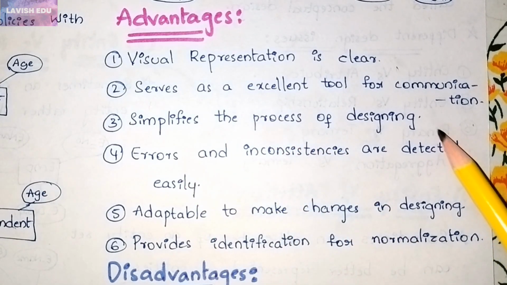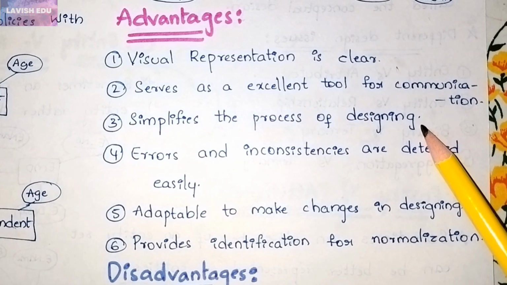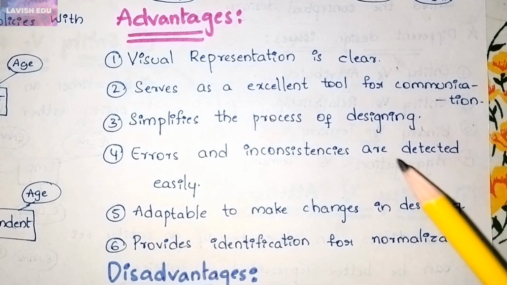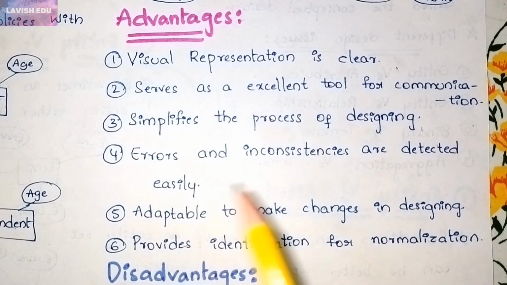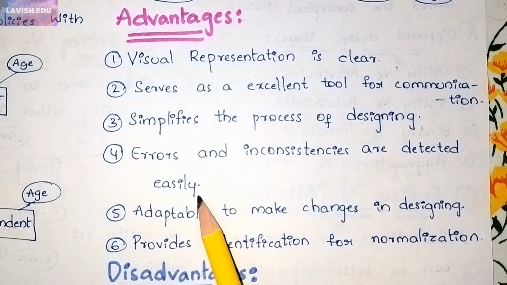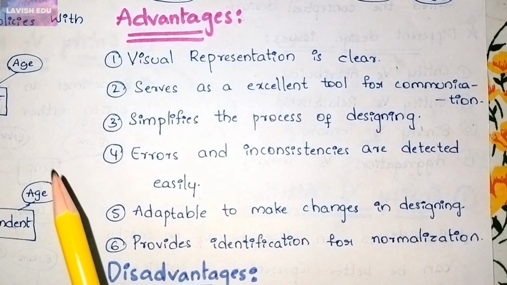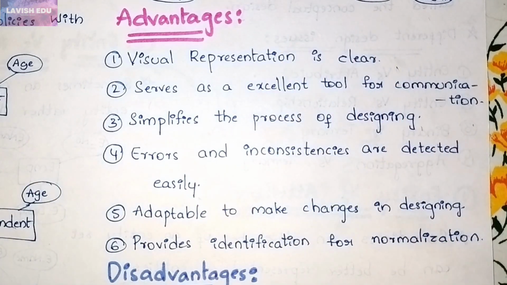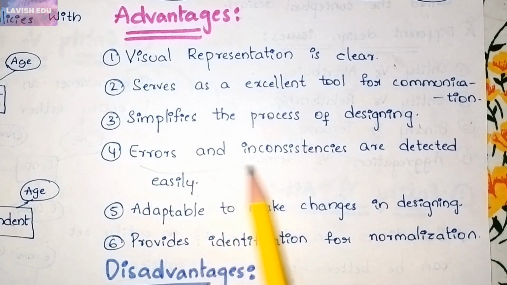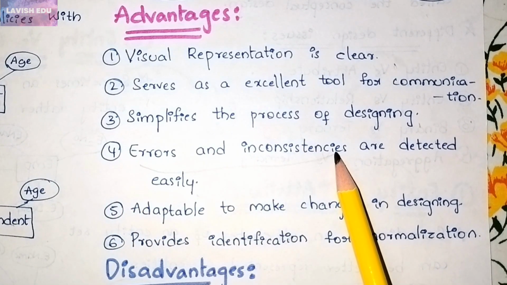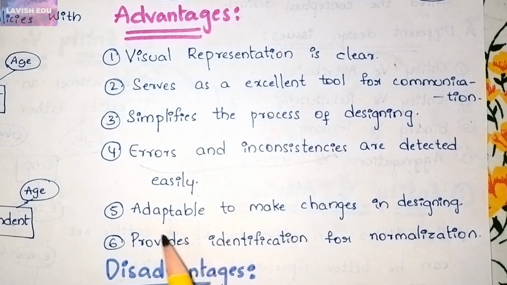It simplifies the process of designing. So the process which we use for conceptual models is easy compared to the other models, and errors and inconsistencies are detected easily. As the design is represented on paper, errors are easily identified, and inconsistency can also be detected easily.